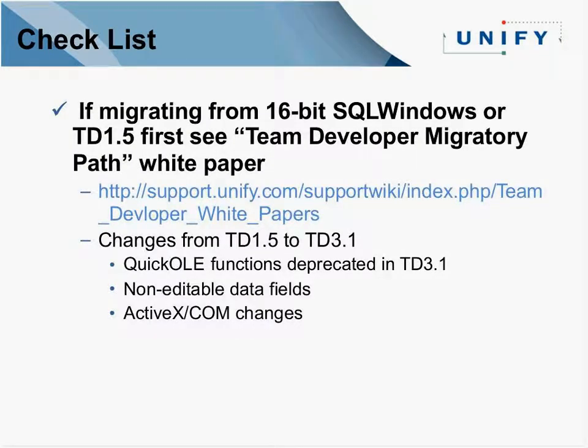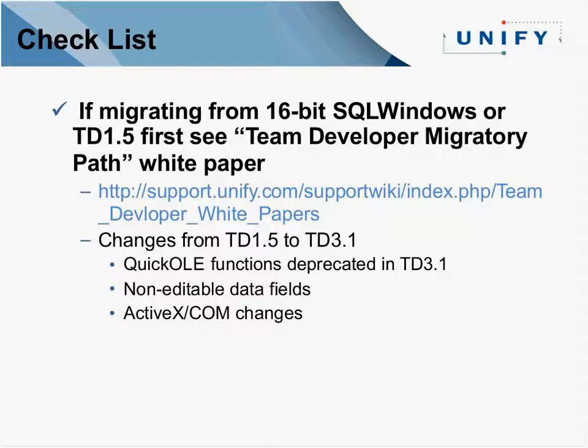Our checklist. As I mentioned before, it doesn't matter if you're even coming from a 16-bit SQL Windows application. You can go directly to Team Developer 5.2. But we do have a white paper available for you.